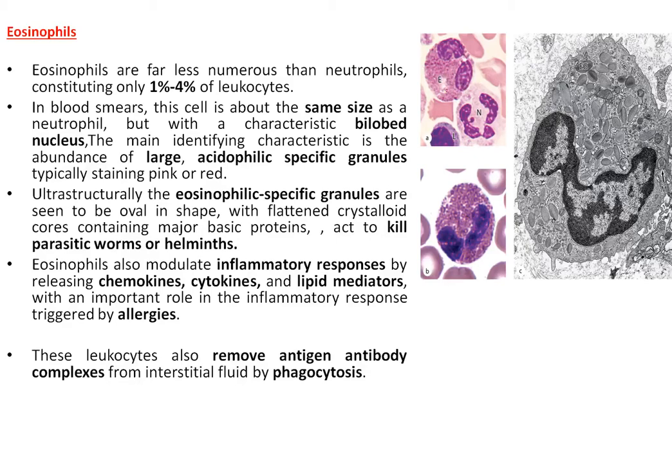Ultrastructurally, meaning in the EM picture, the eosinophilic specific granules are oval in shape with flattened crystalloid cores containing major basic protein, which acts to kill parasitic worms or helminths. Eosinophils also modulate the inflammatory response by releasing chemokines, cytokines, and lipid mediators, with an important role in immune defense or the inflammatory response triggered by allergies.